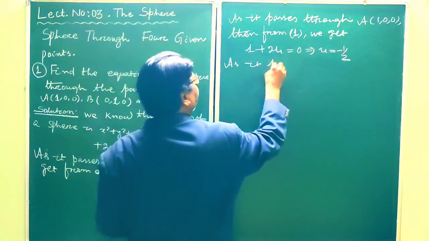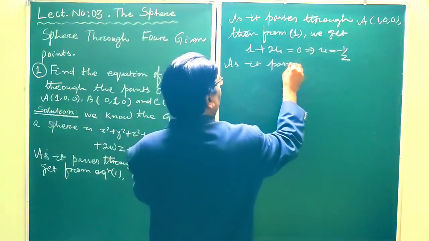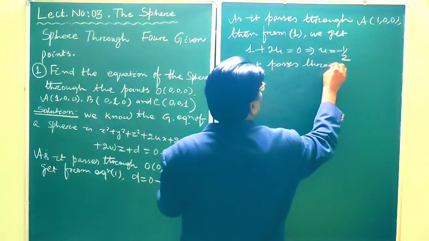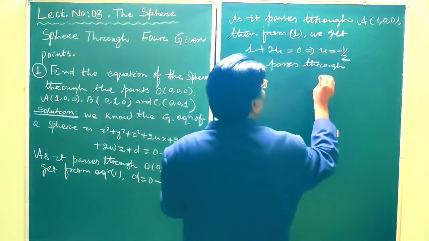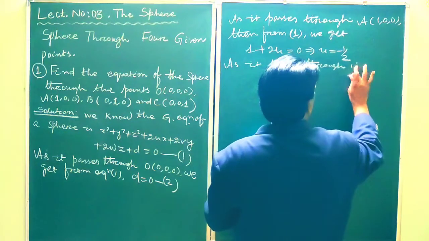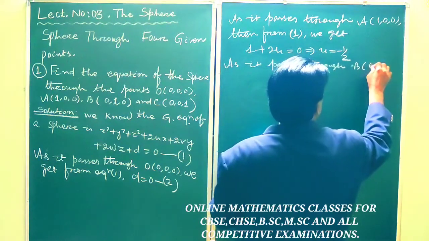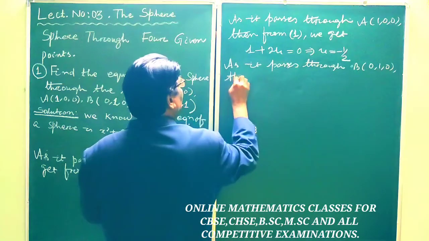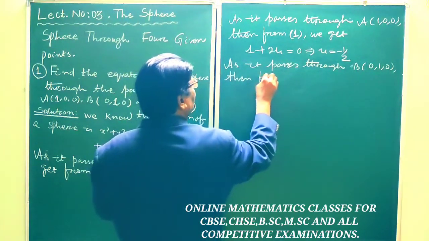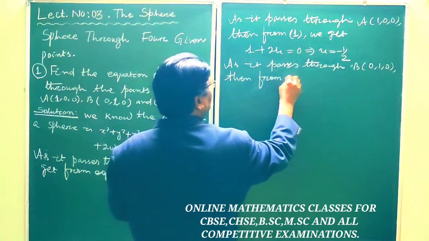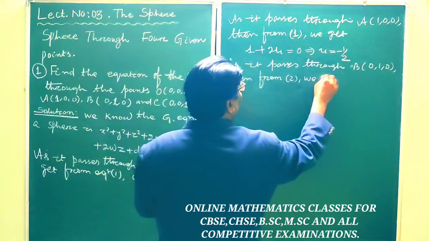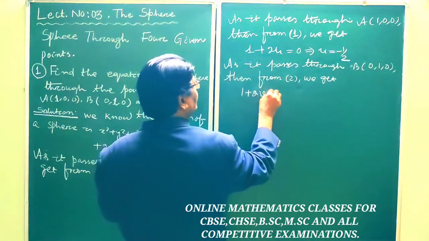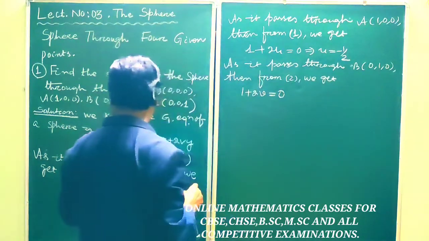As it passes through B of 0, 1, 0, then from 2 we get 1 plus 2v is equal to 0.